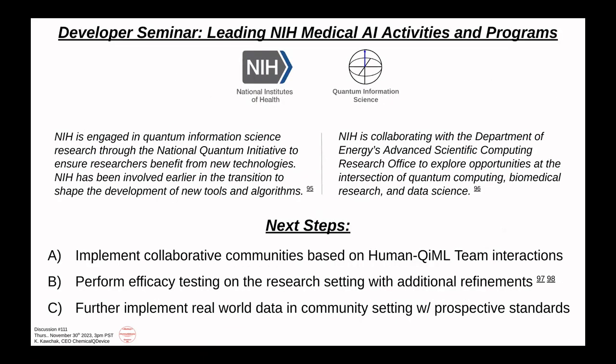And then lastly, this is NIH and quantum information science. Most government organizations are well aware of quantum. NIH is actually engaged in quantum information science research through the National Quantum Initiative to ensure researchers benefit from new technologies. NIH has been involved early in the transition to shape the development of new tools and algorithms.